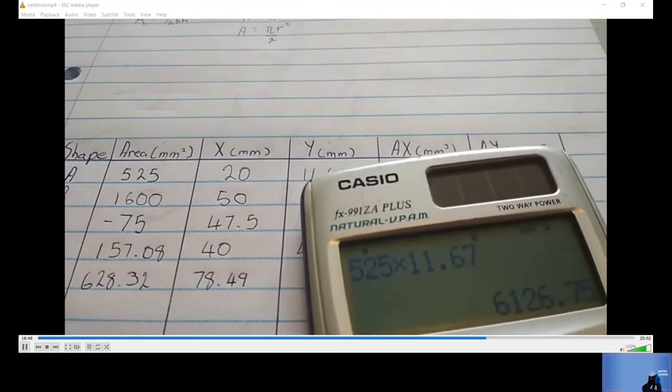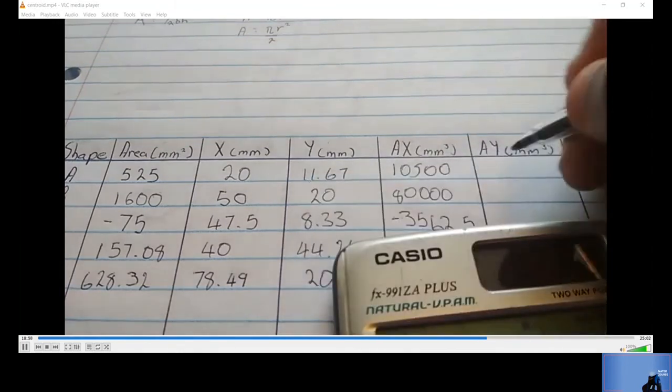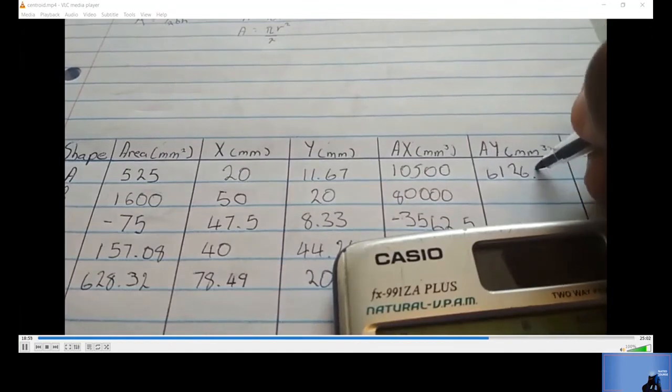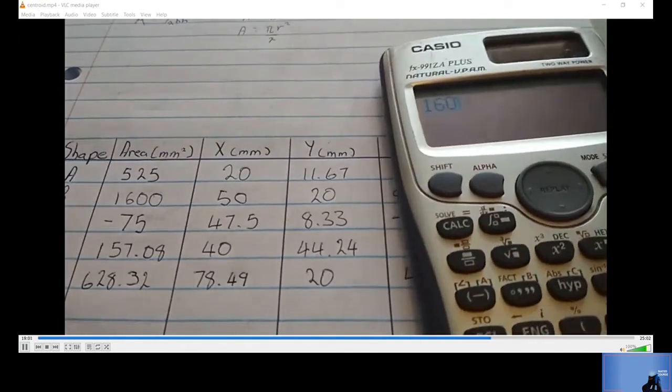We get 6126.75. The next one is 1600 times 20, 32,000.